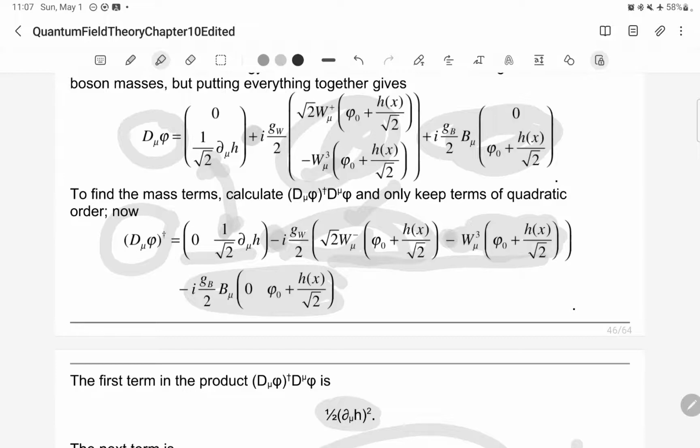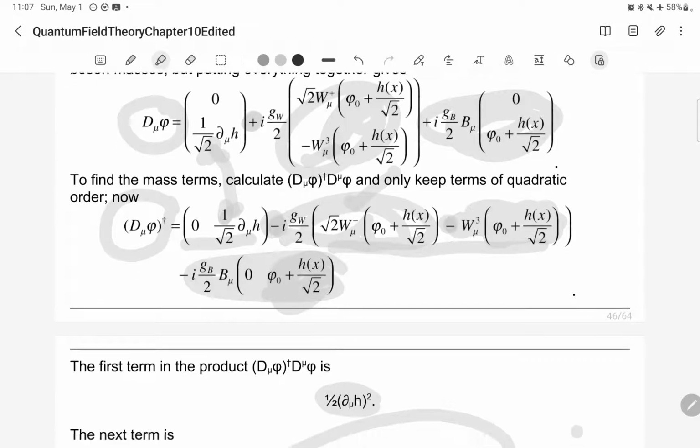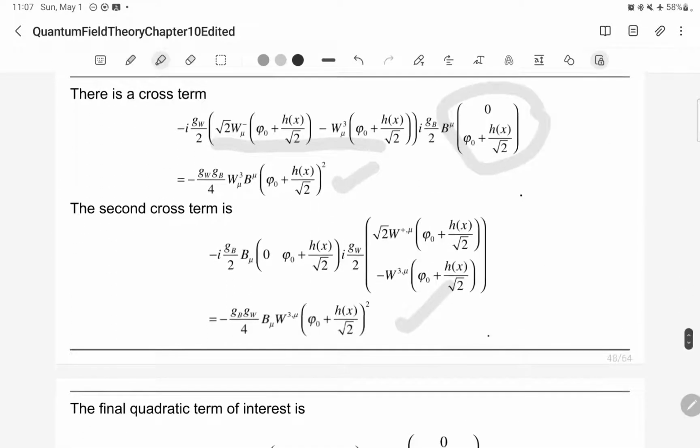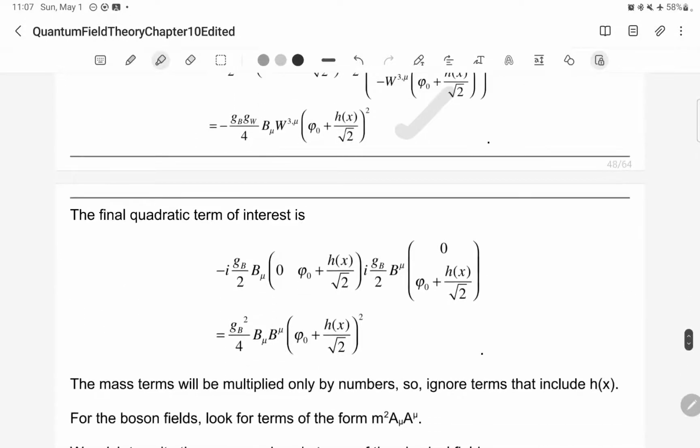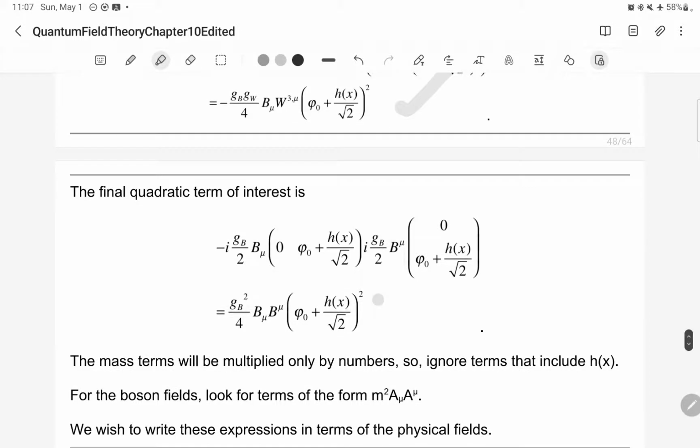So you will have there GB square over 4 B mu times the square of this term, I mean of that element. So you will have here this expression.